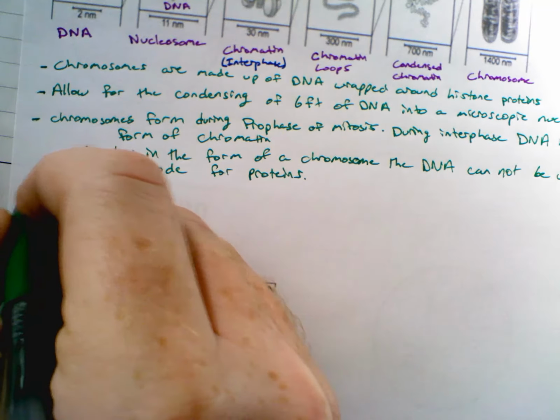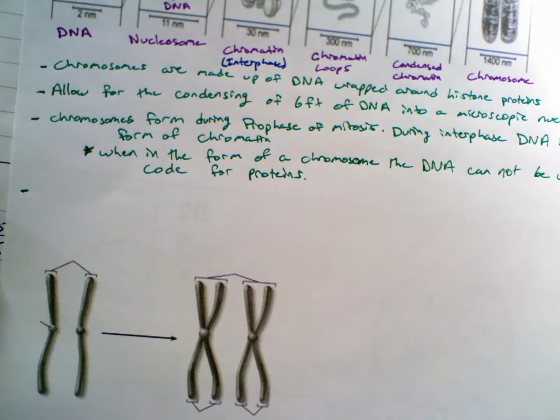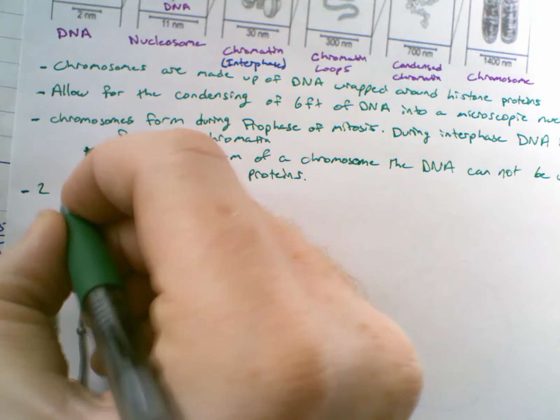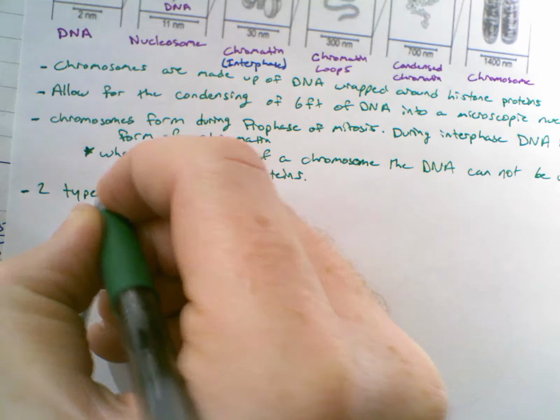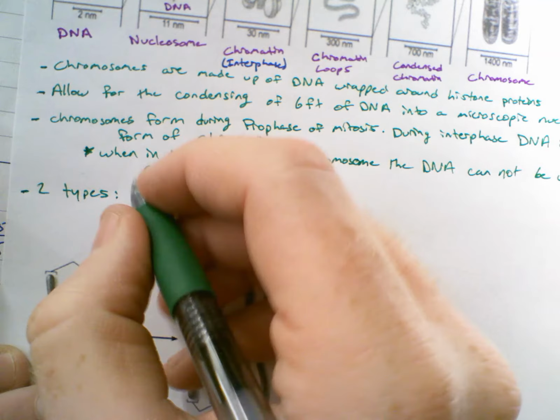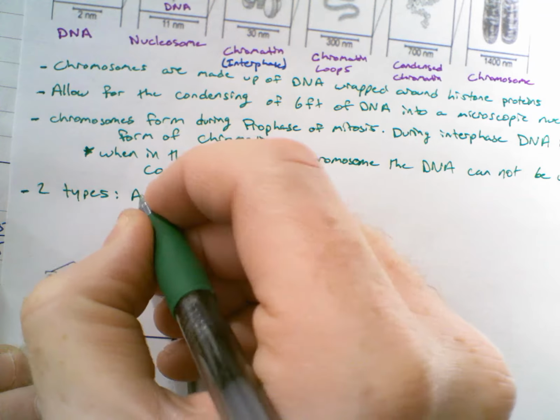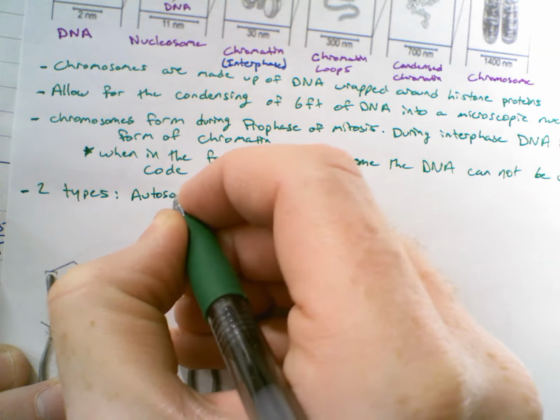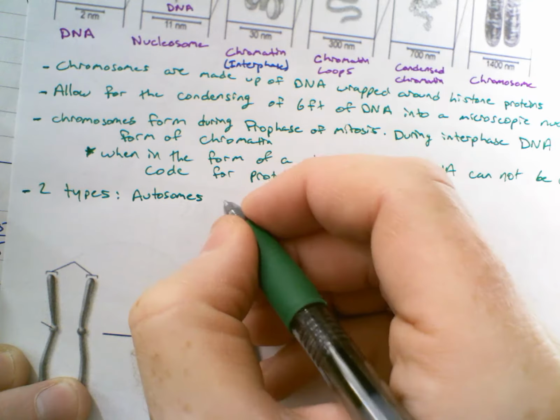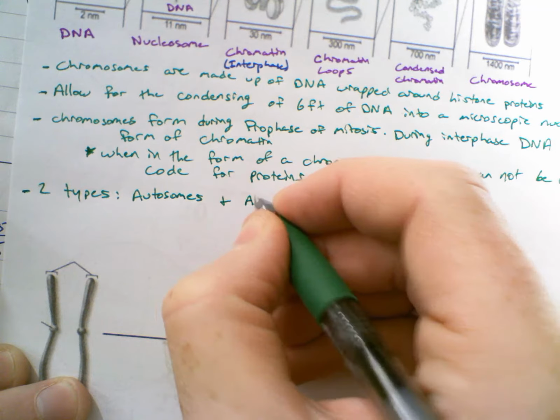Okay, the last thing I want to put on our list of general chromosome facts is that generally, depending on the organism, usually there's going to be two types of chromosomes. There's going to be the autosomes and the allosomes.